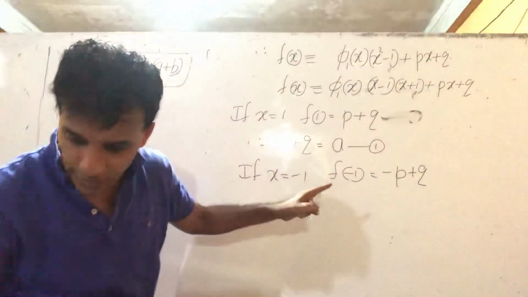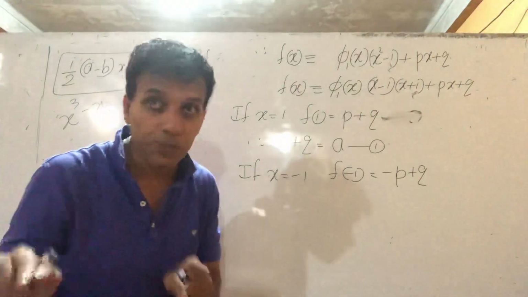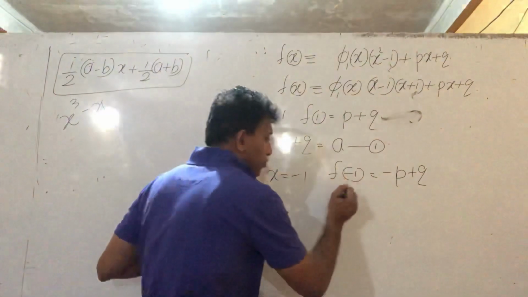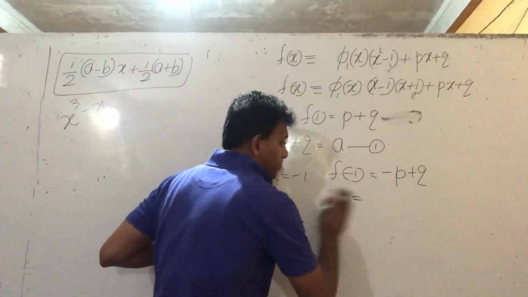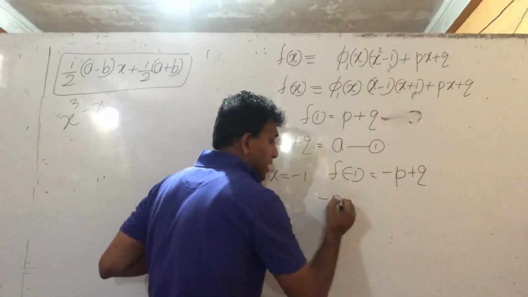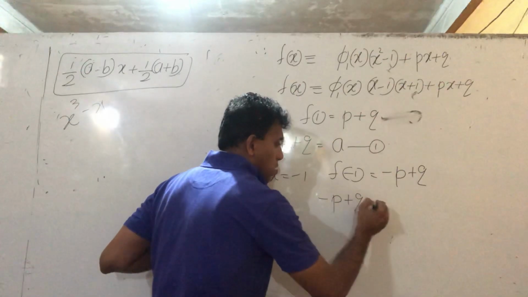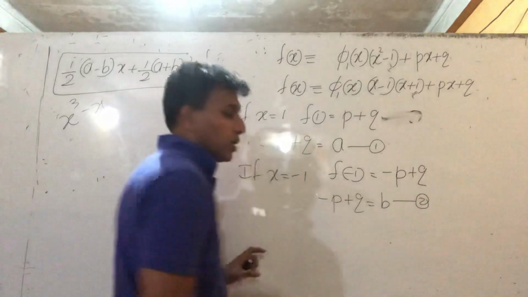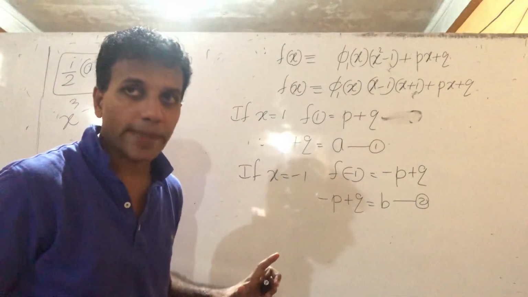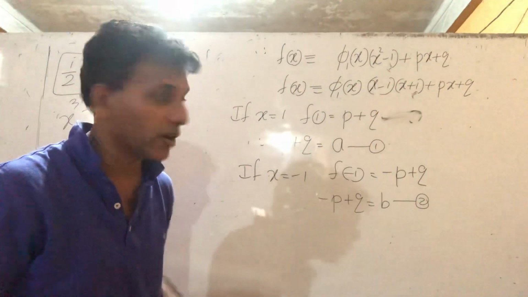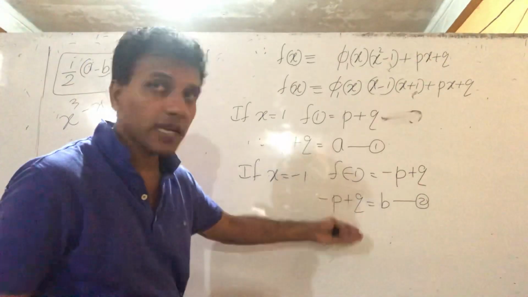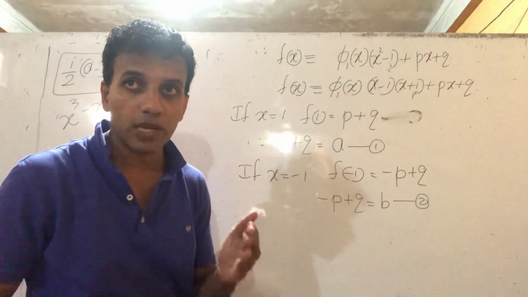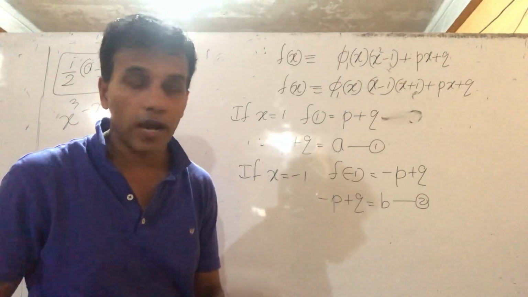Okay, they said somewhere f(minus 1) is b, right? So write b here: minus p plus q is b, right? Say second equation. That's all our advanced level mathematics. Hereafter it is your primary class, grade 9 simultaneous equations. Find the p value and the q value.